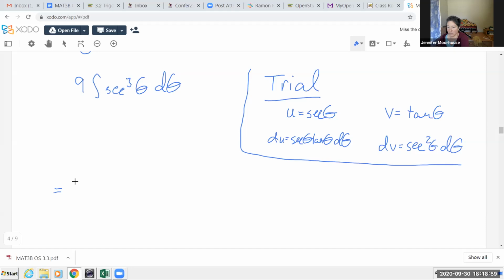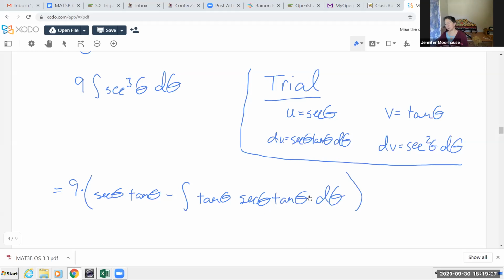So that would be 9 times uv, secant theta tan theta, minus the integral of v du, so that's a secant tan squared. I'm not seeing where this is going.